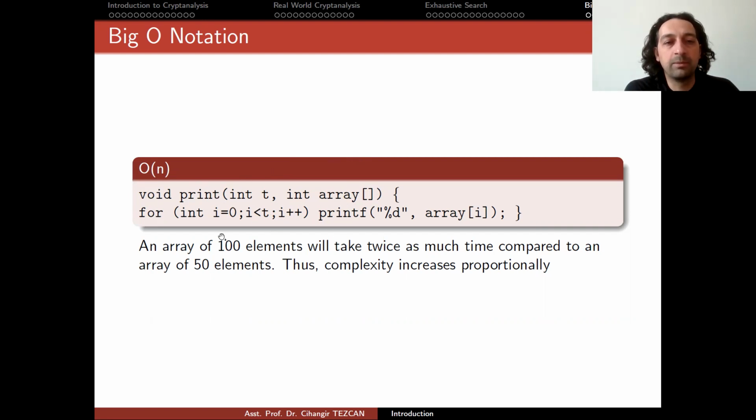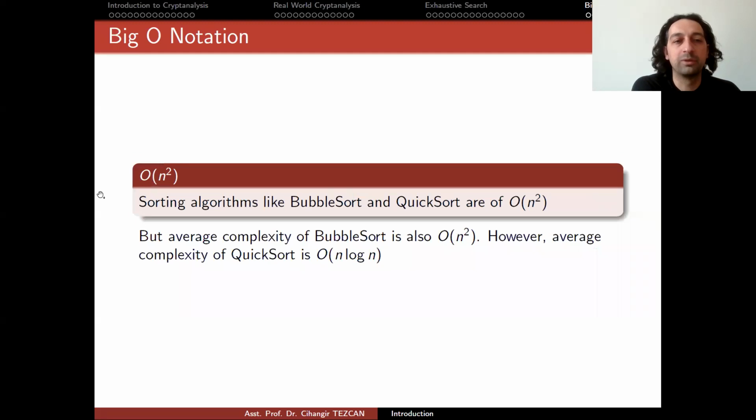And this algorithm, because of this for loop which runs t many times, is just O(t) or O(n) in the big O notation. So we have some sorting algorithms which are O(n square). If you have an array of n elements and you want it to be sorted, then it takes O(n square) time when you use these sorting algorithms.